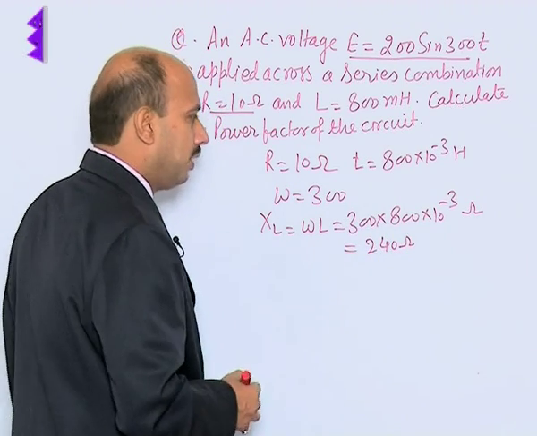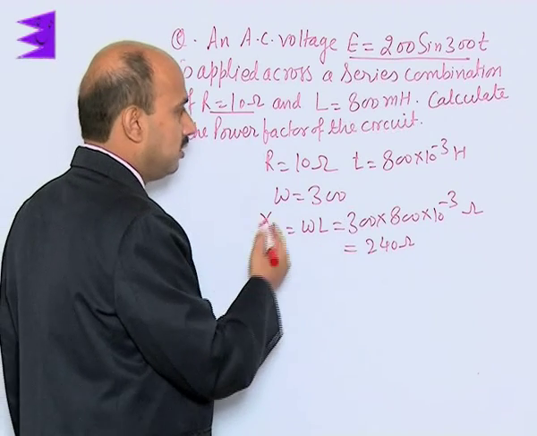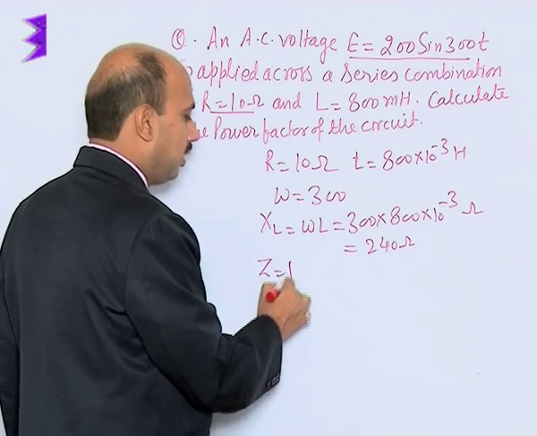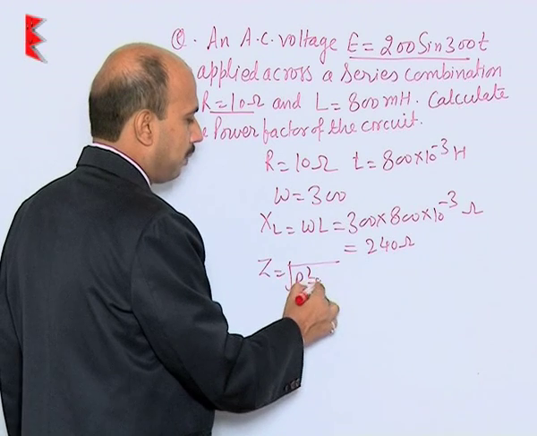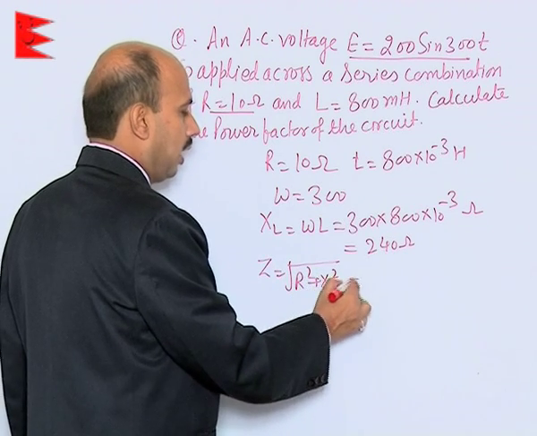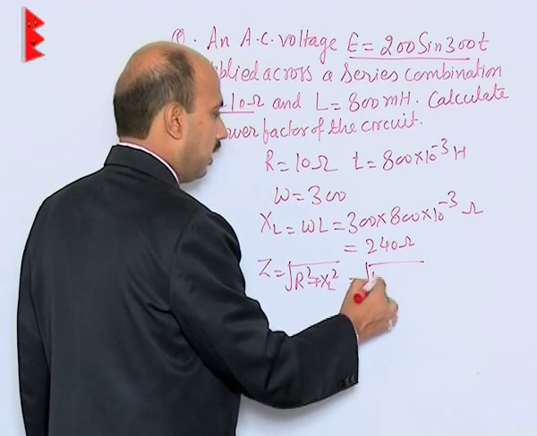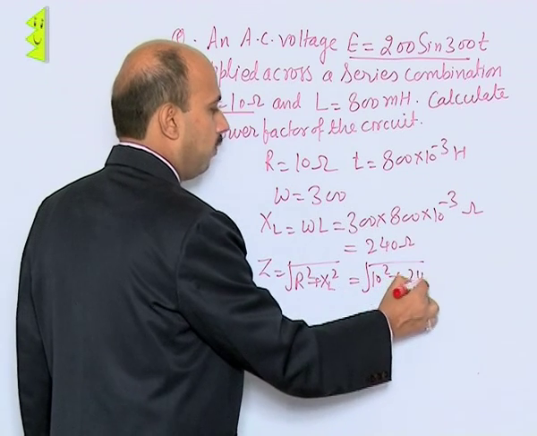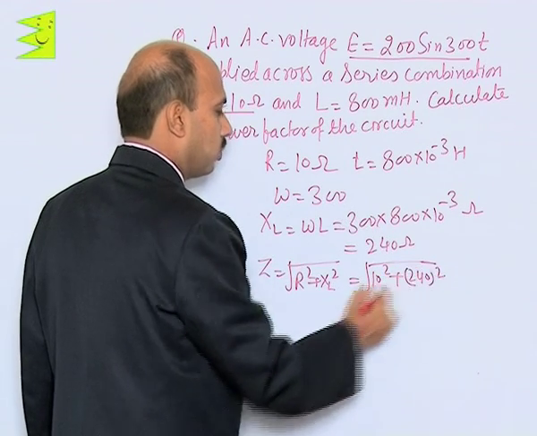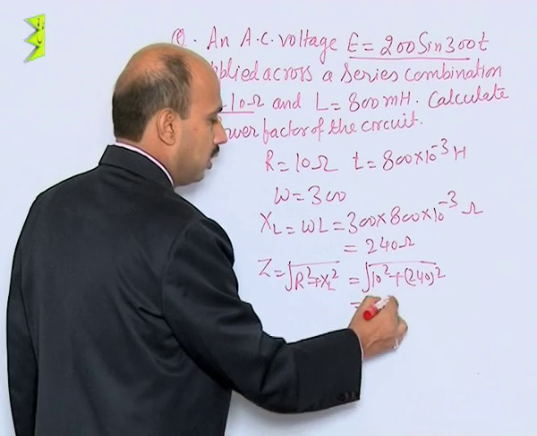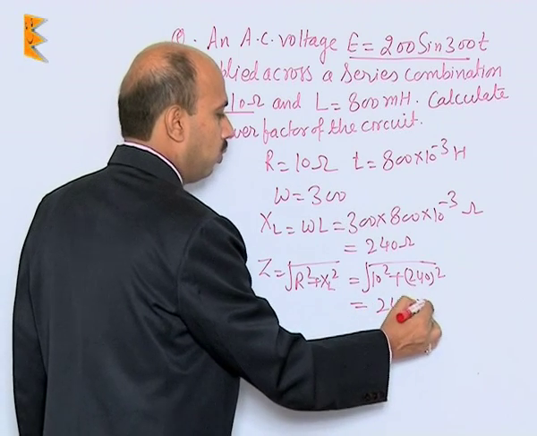Now, we can calculate the impedance Z, that is under root of R square plus XL square, that is 10 square plus 240 whole square, is equal to around 240.2 ohm.